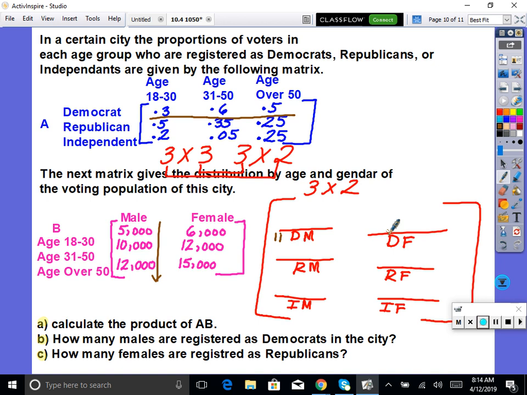You guys in the middle. Okay, I'm going to have you, my dear, find this first row, first column. So you're going to take this times this, plus this times this, plus this times this. Middle, will you do this one? Talk together and figure out how to do that one. You guys do RF. You guys do IM. And I'll do IF.